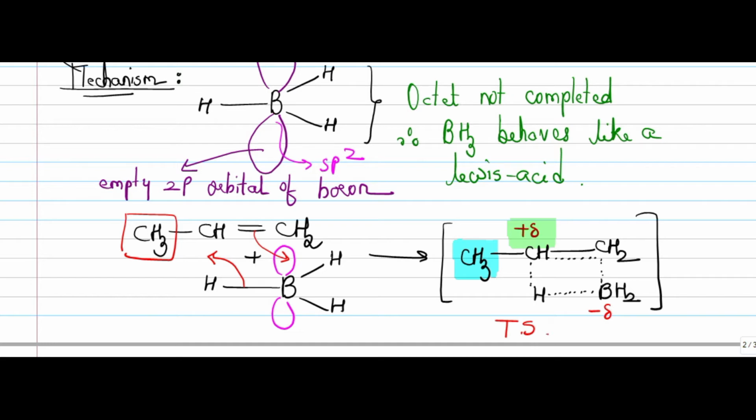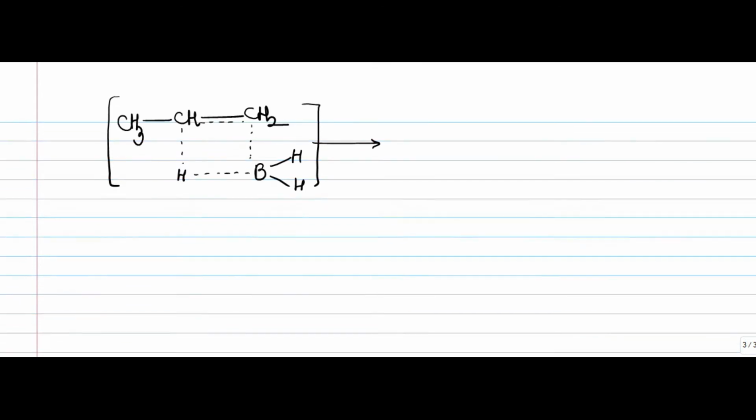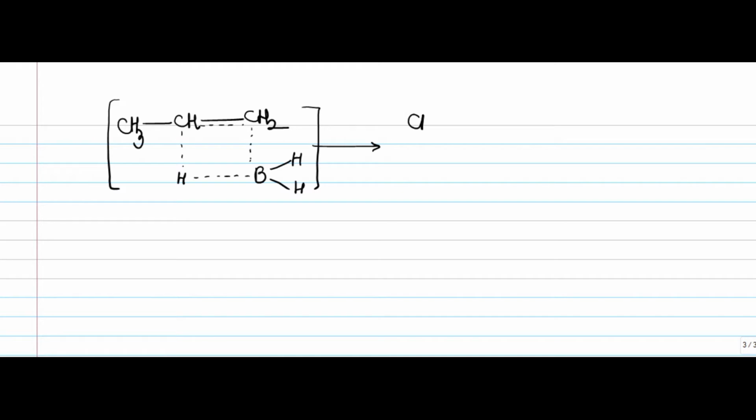So we have this transition state generated, and eventually it gets converted into a stable first step product, which looks like this.